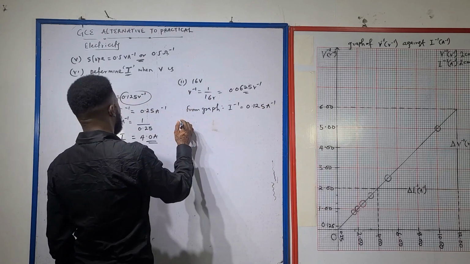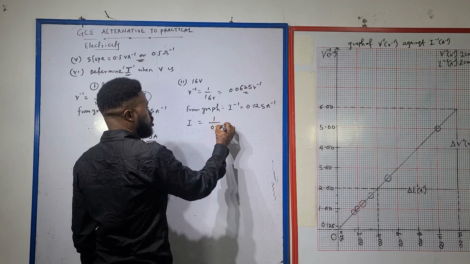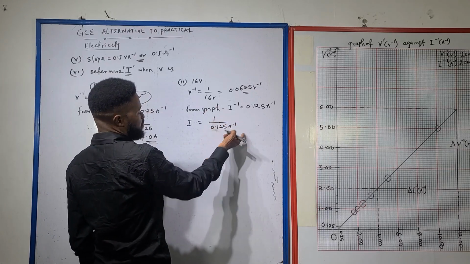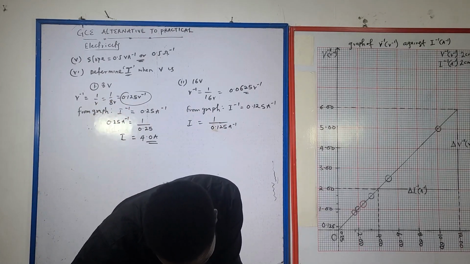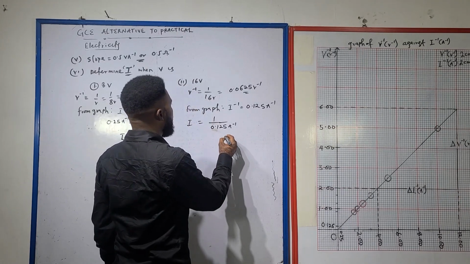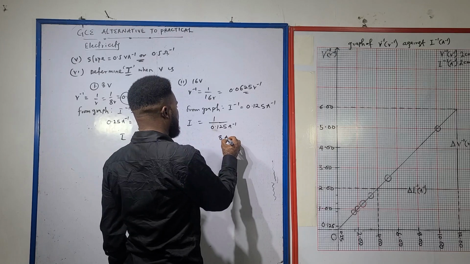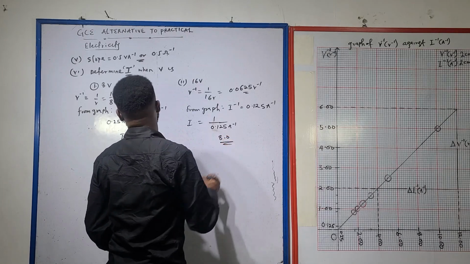So for you to get the current, that will now be 1 divided by 0.125 per ampere, and of course the ampere will go up. 1 divided by 0.125 should give you about 8 amperes, 8.0 amperes. You must have noticed the pattern.